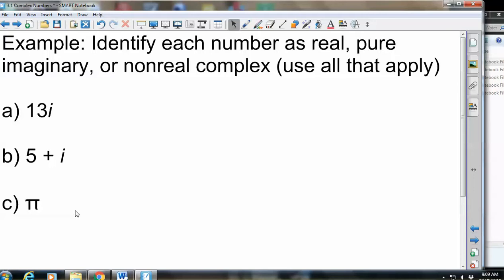Okay. So 13i, what would that one be called? It is pure imaginary. It also fits the definition for one of the others: non-real complex.